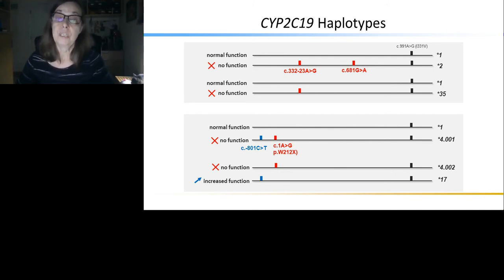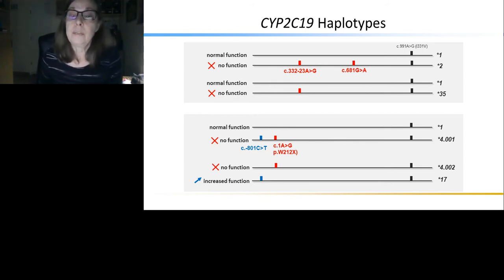And if that SNP occurs on its own, it actually increases expression levels. Now these 2 SNPs can occur in cis, then it makes a star 4 of 001 subtype, or they can occur in trans.